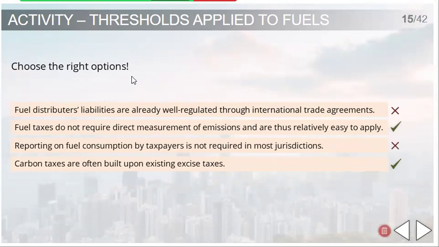The right options are: fuel taxes do not require direct measurement of emissions and are thus relatively easy to apply, and carbon taxes are often built upon existing excise taxes.